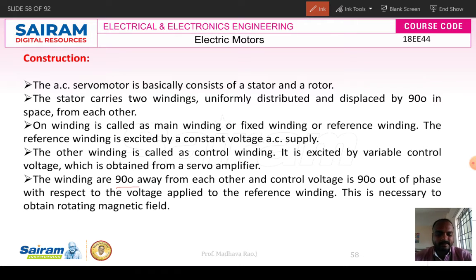This is necessary to obtain a rotating magnetic field in the servo motor. So, why do we keep the phase displacement between the main winding and control winding at 90 degrees? It is to produce the rotating magnetic field inside the servo motor.